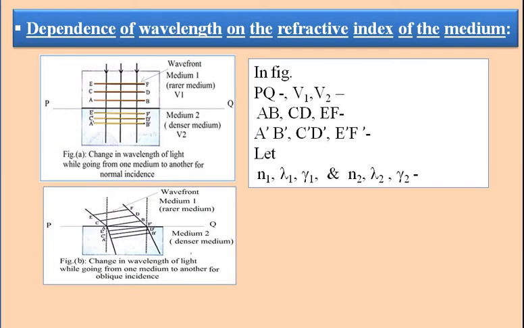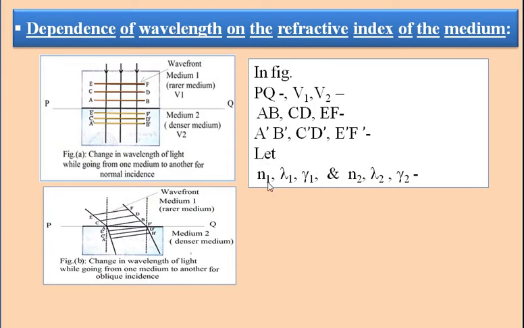Here AB, CD and EF are the plane incident wavefronts, and A', B', C', D', E', F' are the plane refracted wavefronts. In both diagrams, the names are also the same.